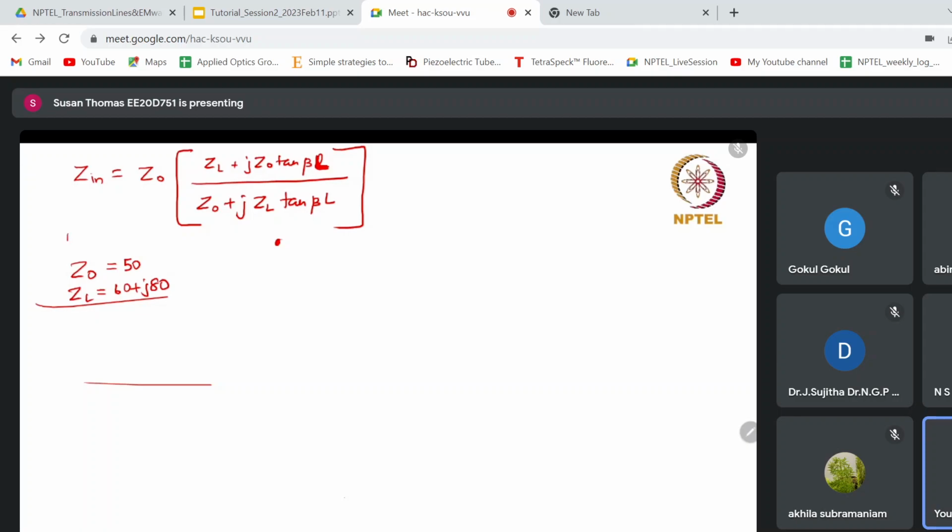And what is beta here? Beta is 0.2 pi. Okay. Now you know all these. Substitute in this Zin expression.